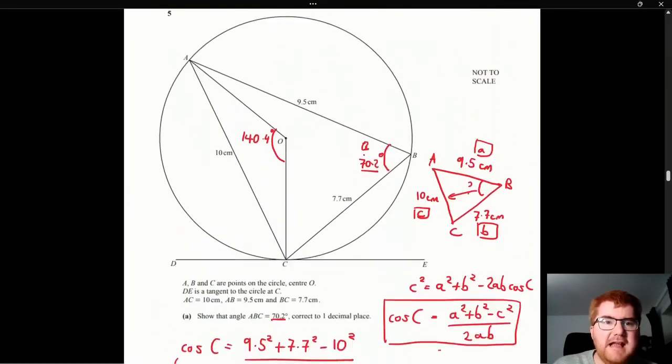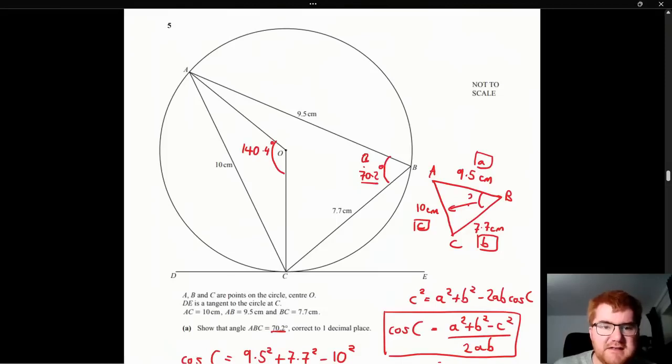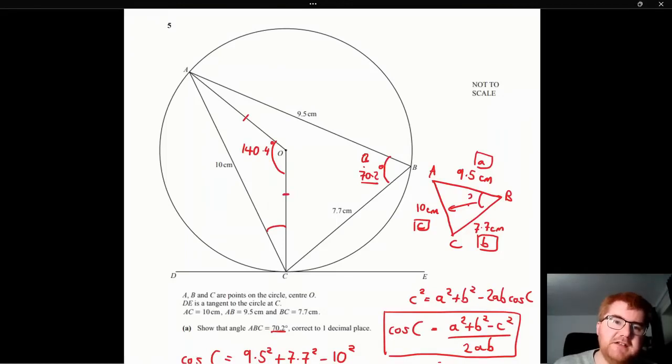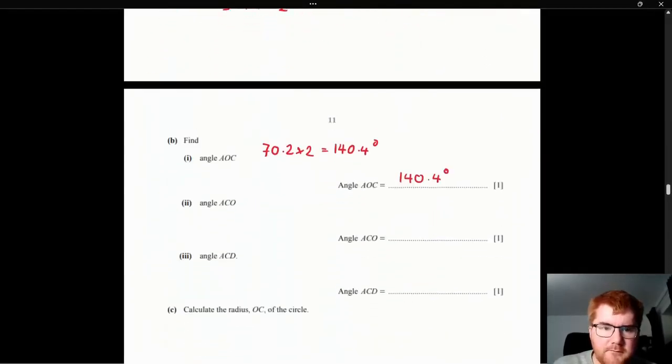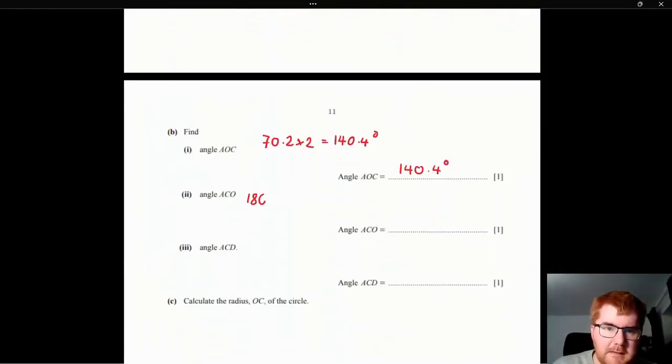Then we've got angle ACO. Here we have an isosceles triangle. Notice these are both radiuses, or radii, of the circle. So to work out these two angles here, we just do 180 minus the 140.4.